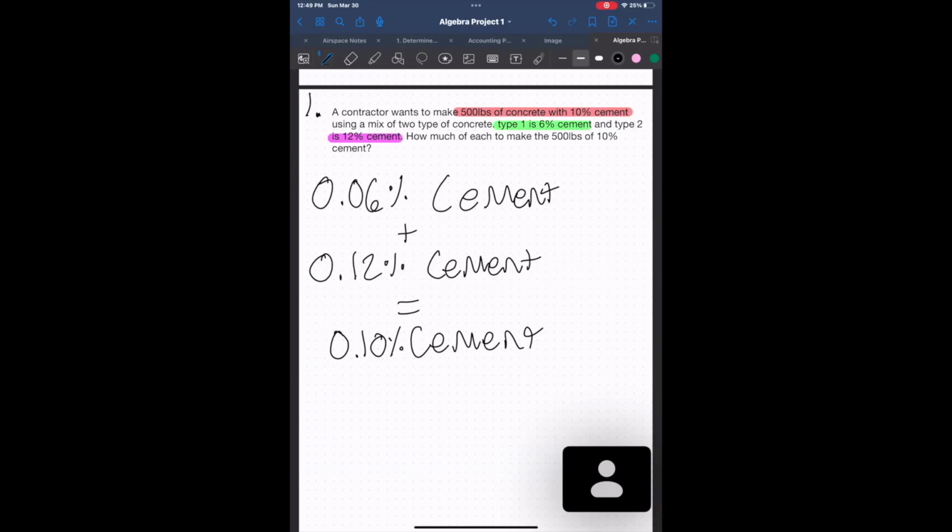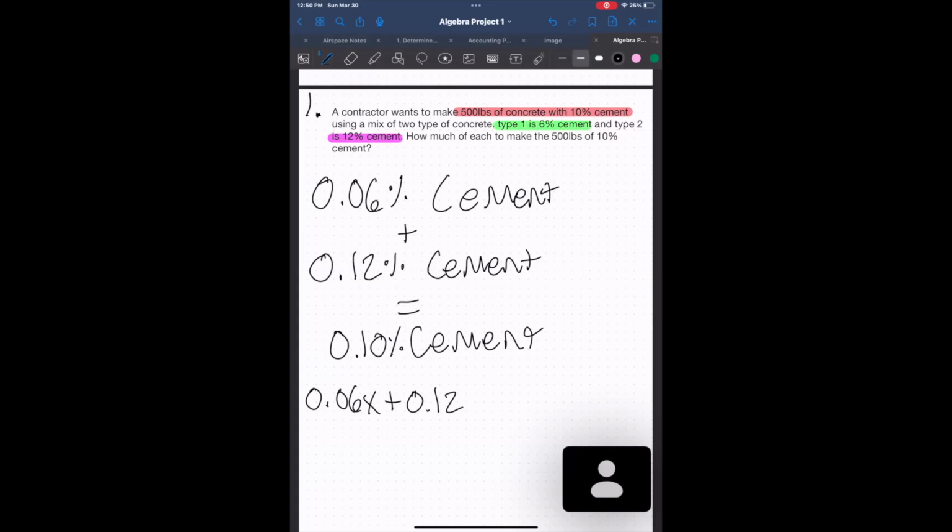Okay, so our equation, as we know, and again, we're going to be using these in decimals, right? Because the percentages are going to be very specific. One of these we're going to be trying to solve for. They need to add up to 10% of 500. So how we're going to write that out is 0.06x plus 0.12, right?